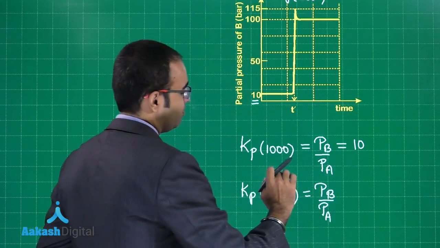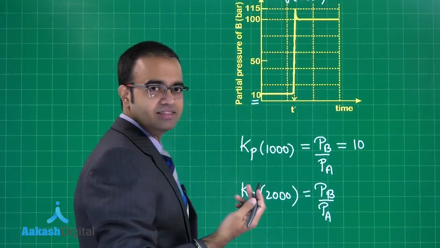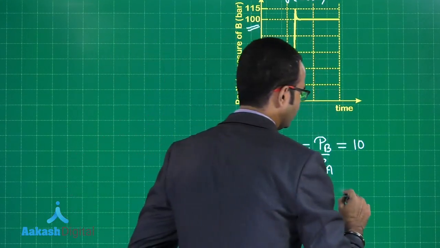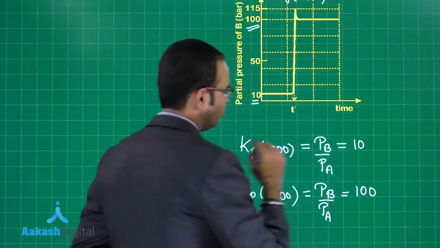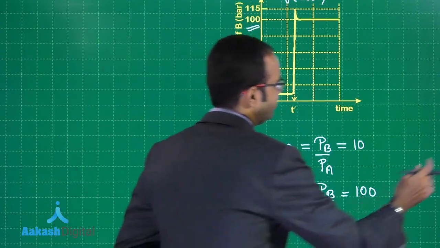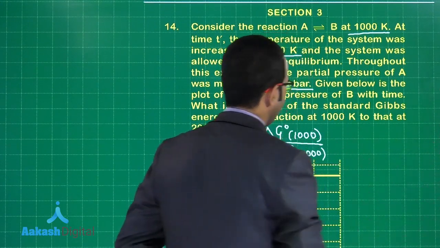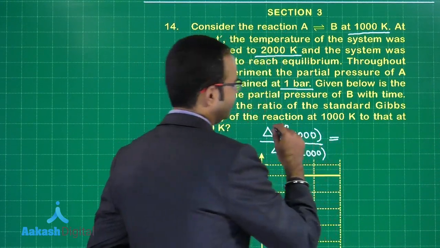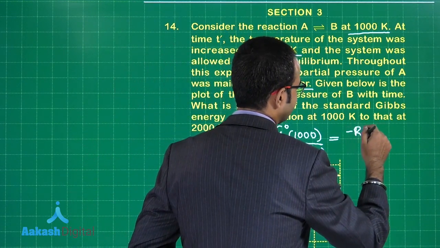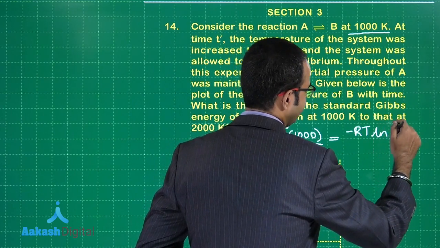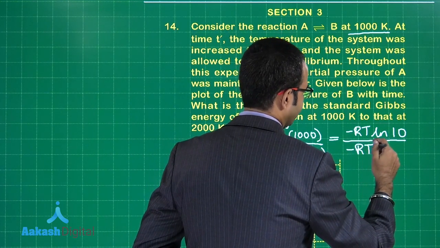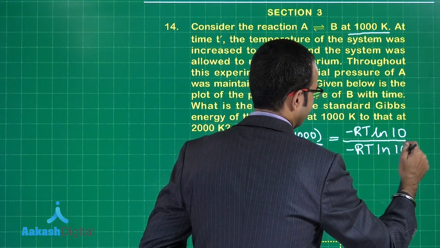What is the pressure of B at 2000? The pressure at 2000 is 100. So we have got the values of Kp at 1000 and Kp at 2000. Simply, we have to write the equation for delta G at 1000 and 2000. It is minus RT ln 10 divided by minus RT ln 100.